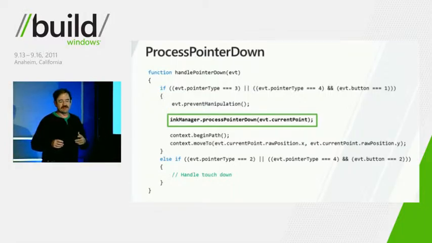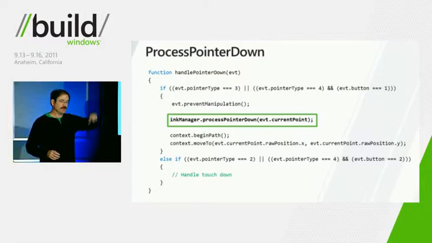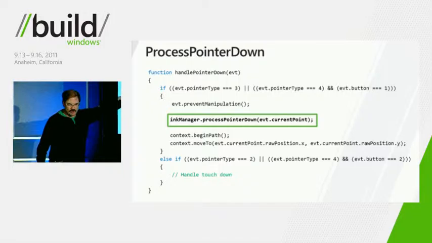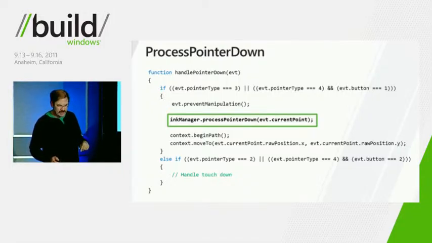And in a simple program, that would be up at the top of this function outside the if statements, because we'd just be saying, no matter what, don't do any of the default manipulation. But here, we're getting fancy. We're going to say, if it's a pen, prevent manipulation, and then if it's touch, maybe we will, maybe we won't. We'll go further into more if statements a few slides later. So we will see the code here for the touch a little bit later.